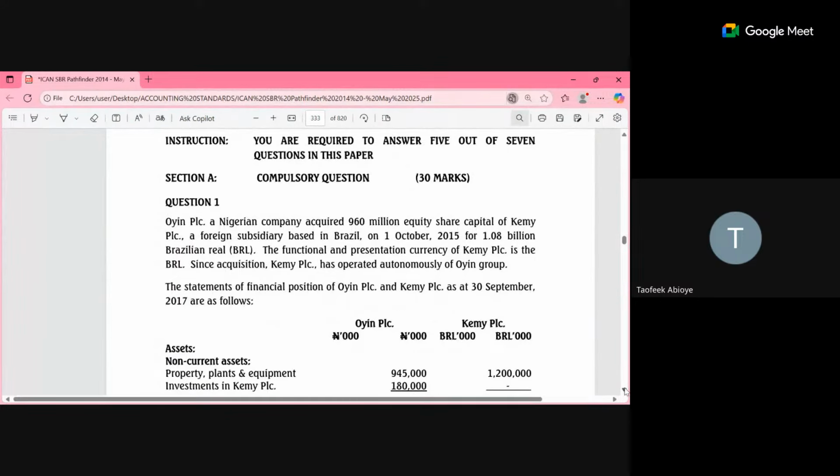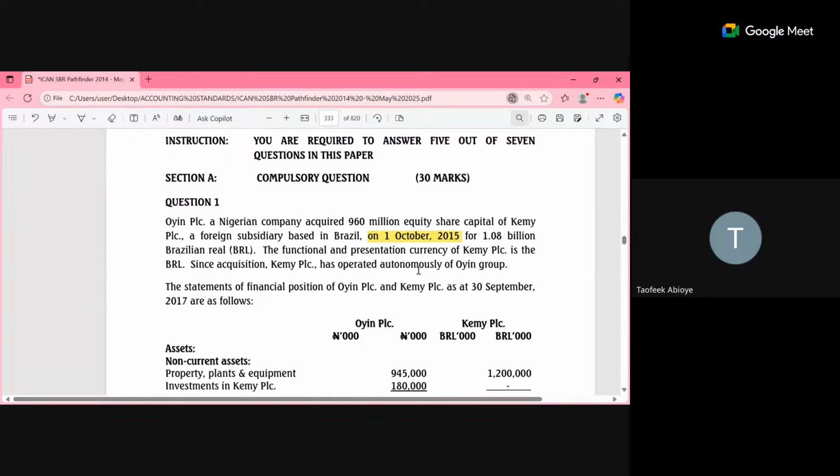They acquired a foreign subsidiary in Brazil on 1st October 2015. If you remember very well, that's our date of acquisition. That date is very, very key in foreign subsidiary.